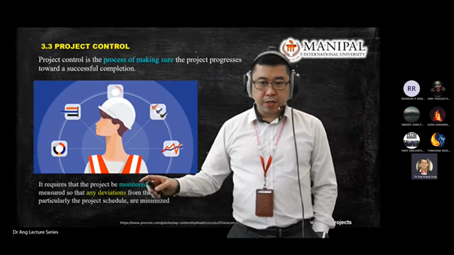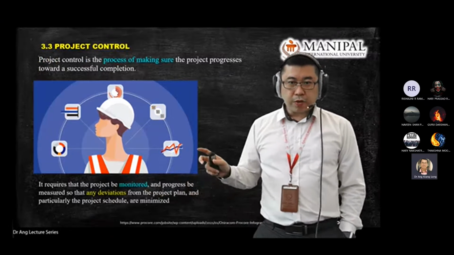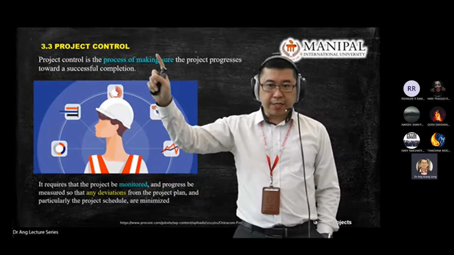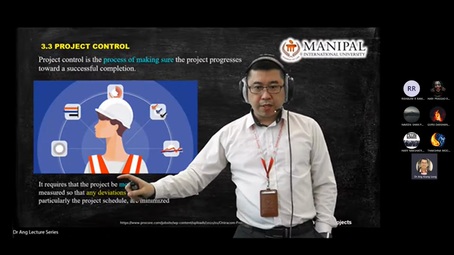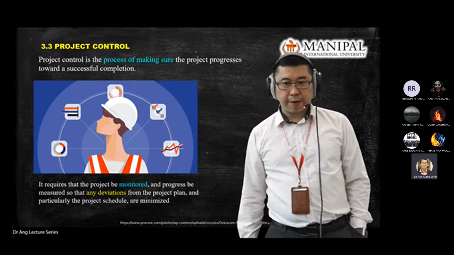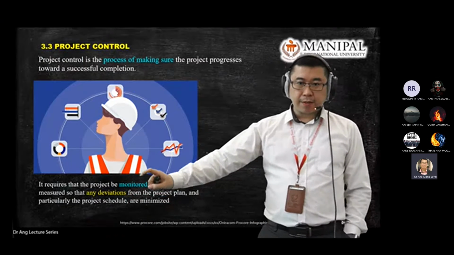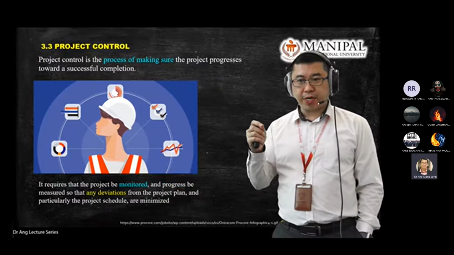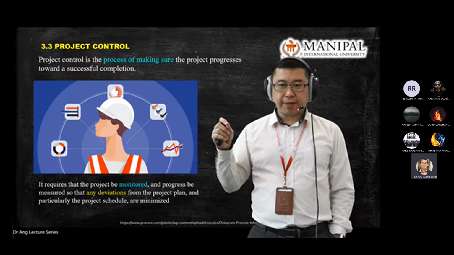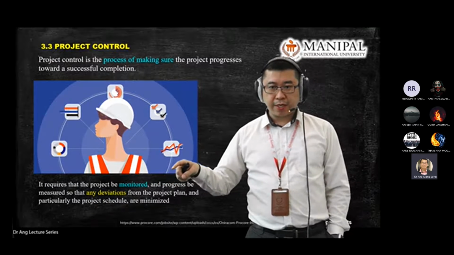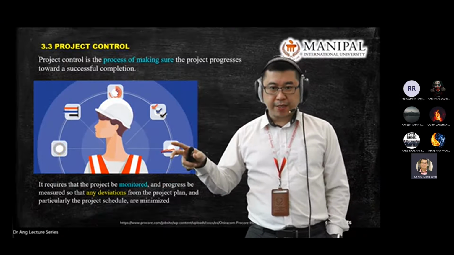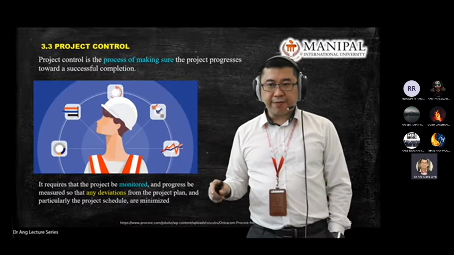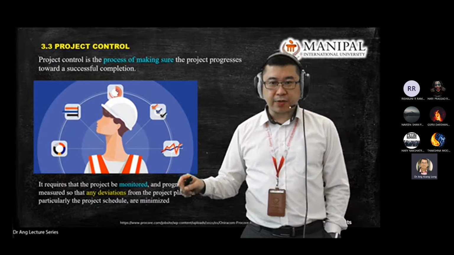Okay. So what you need to do inside project control, the keyword is monitor. When you're monitoring, you have a progress activity. You monitor the projects and you identify the progress of the activity.